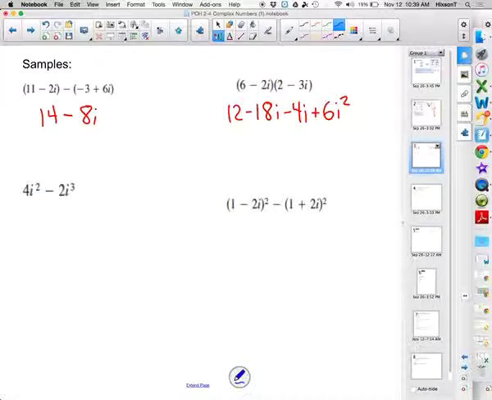You're going to subtract 4i from negative 18i and change 6i squared to negative 6. There you go. That's the key. This is now a negative 6 because I can substitute in negative 1 for I squared.